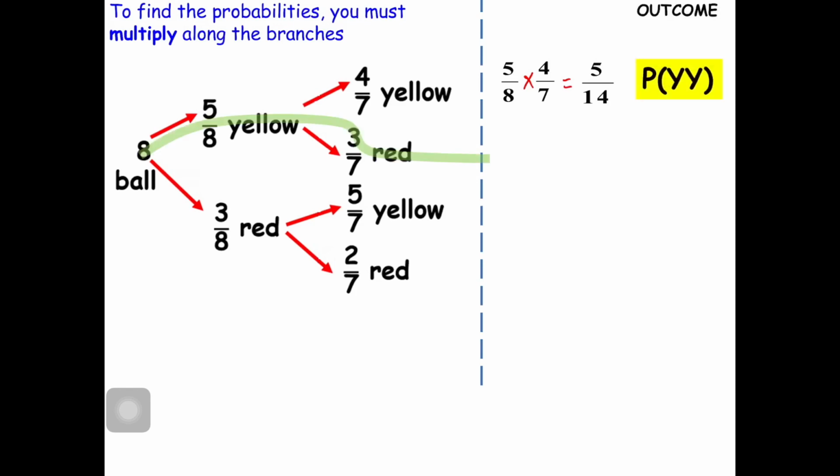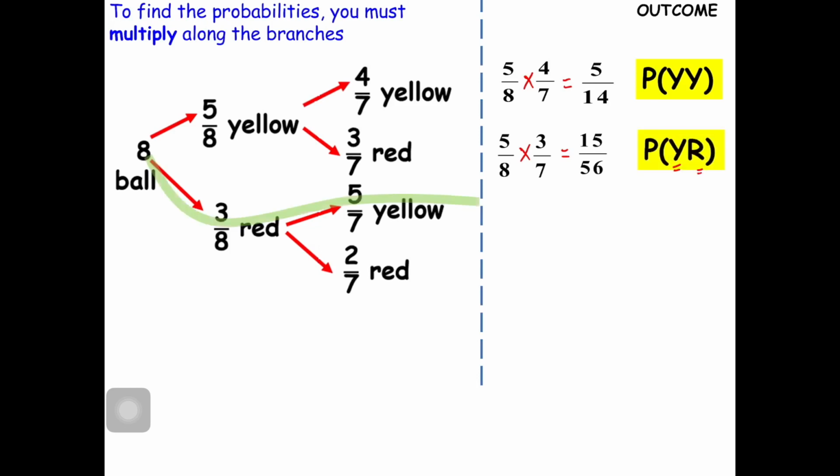Then for the second branch you have 5/8 multiplied by 3/7 to get 15/56, the probability of getting first draw yellow, second draw red.